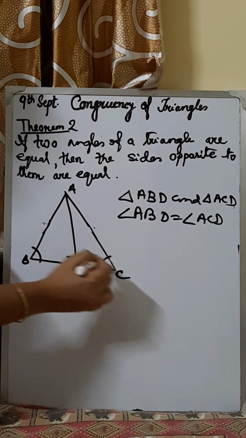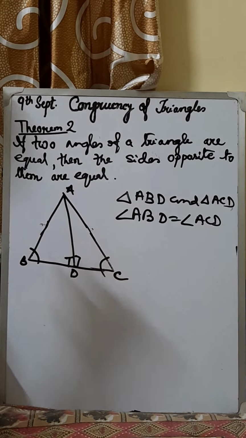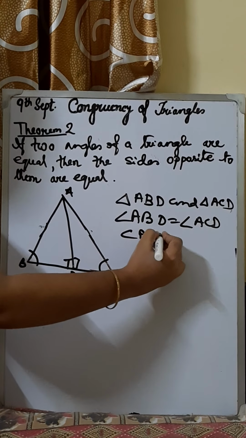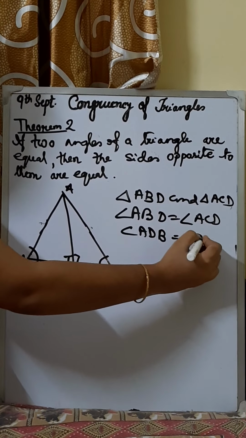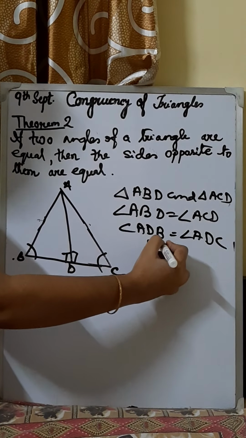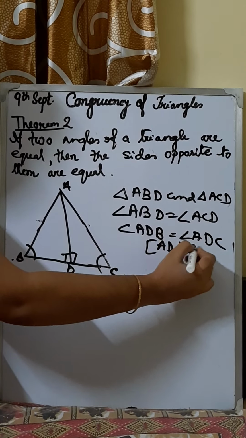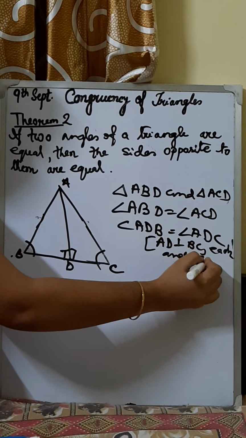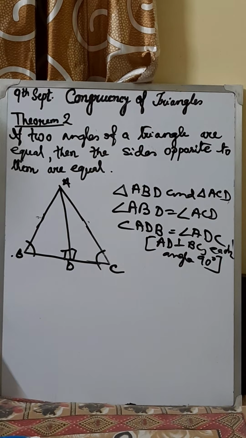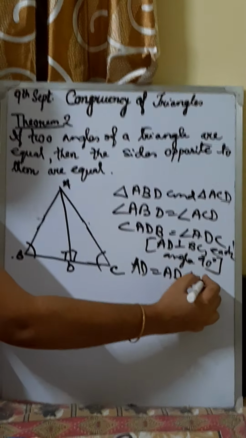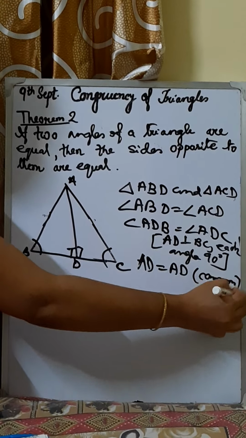That means ABD equals ACD is given, and angle ADB equals angle ADC, because AD is perpendicular on BC and each angle is 90 degrees, right? Now AD is common between these two triangles.